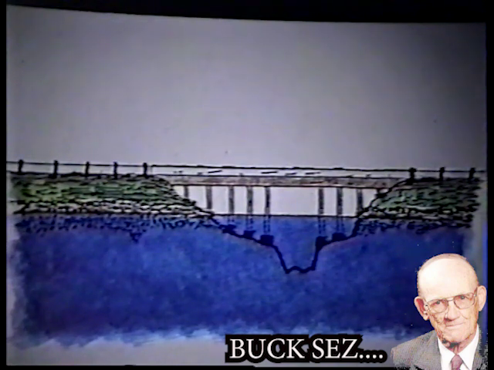Here is where you find the color. If there's any color in the lake, watercolor, you're going to find it at the causeway. Most of the time, the best color is going to be on the upper side, that is the upstream side. And if it's clear on one side and you got some watercolor, dingy, on the other side of the structure, the causeway, that's the side you're going to find the fish on.